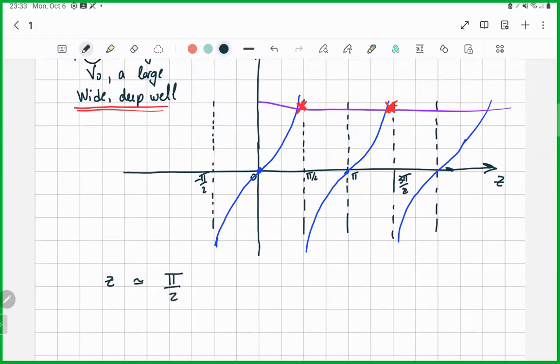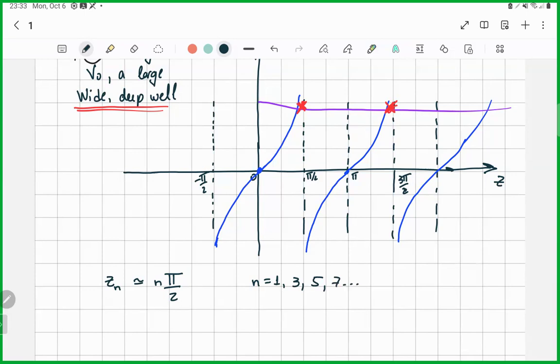But I have pi over 2, 3 pi over 2, all these odd numbers. So my solution Zn will be n pi over 2, where n is 1, 3, 5, 7, and so on. Odd numbers.